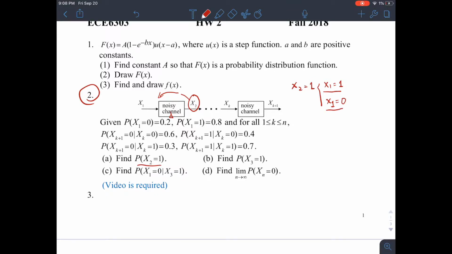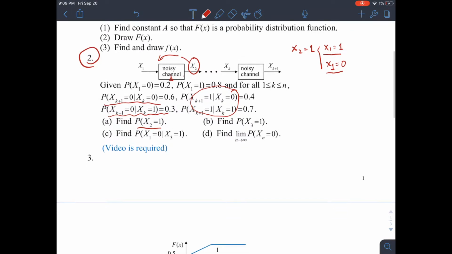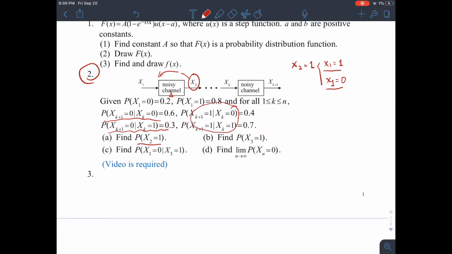It also gives us the conditional probability for this question, and for this one we will use this part. And then we can iteratively write this equation here.